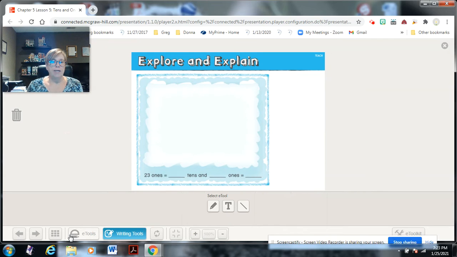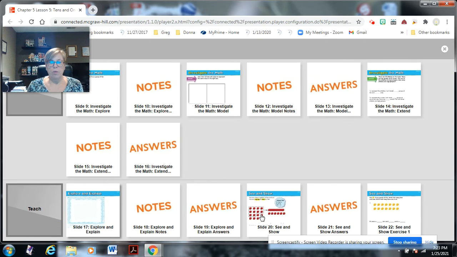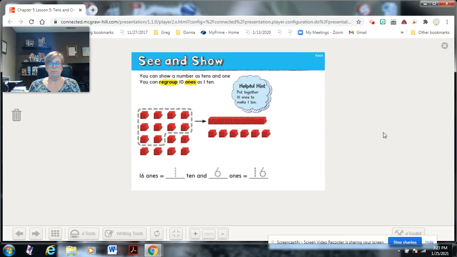Okay, let's go to our see and show. Turn the page. You can show a number as 10s and 1s. You can regroup 10 ones as 1 10. When they're apart, there's 10 ones.